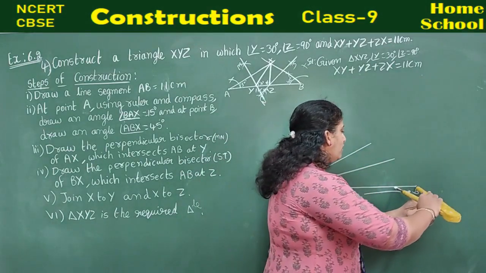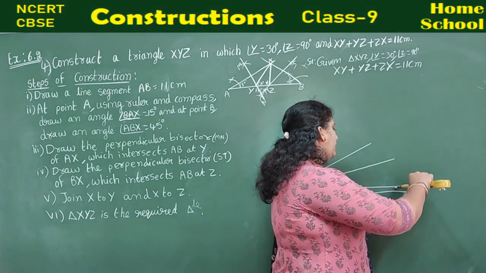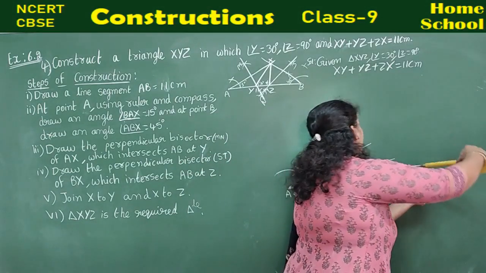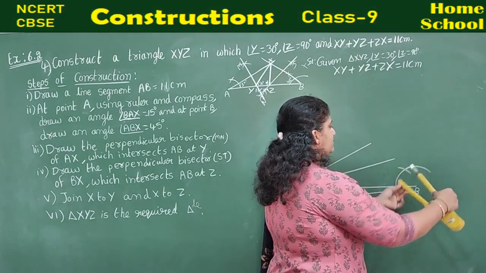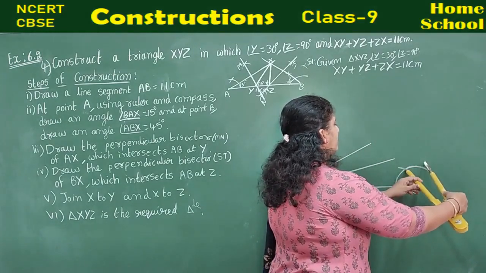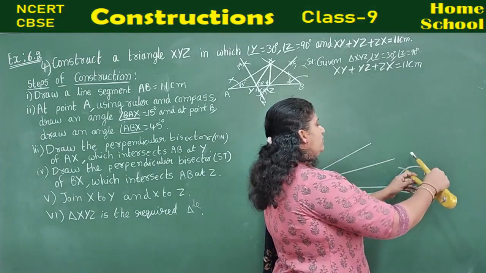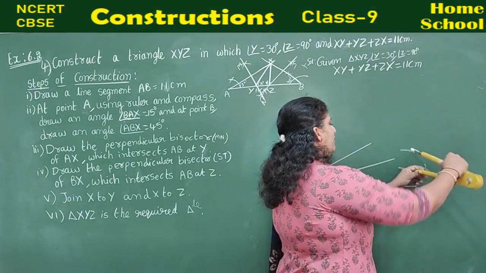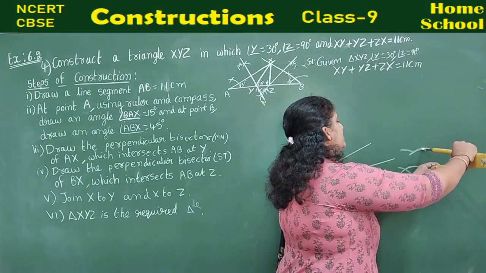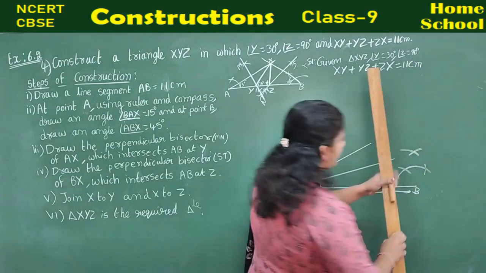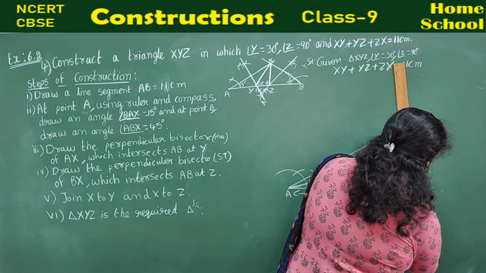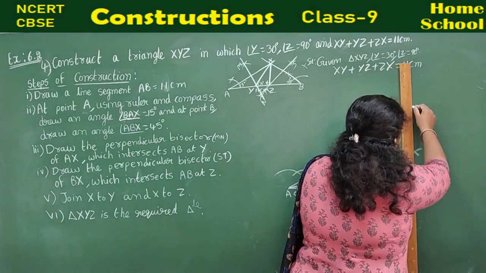So from here, draw an arc with a convenient radius. Then 60, then here 120. Then again two arcs where it touches, it will be 90 degrees. Take a scale and then do 90 degrees.